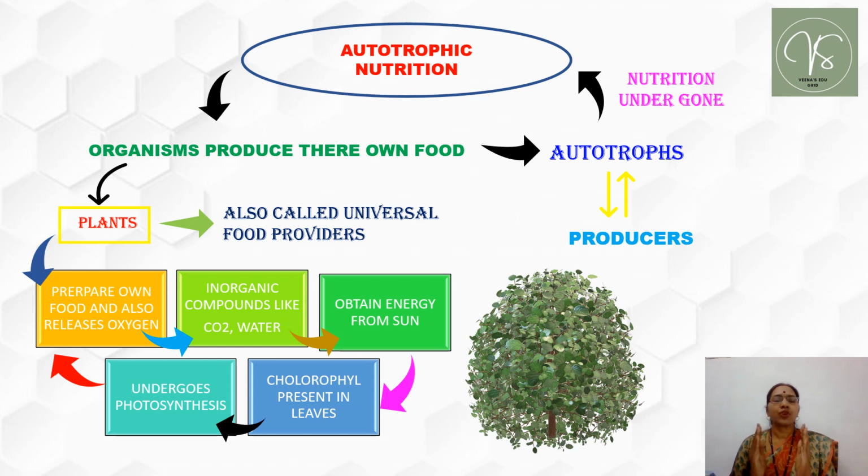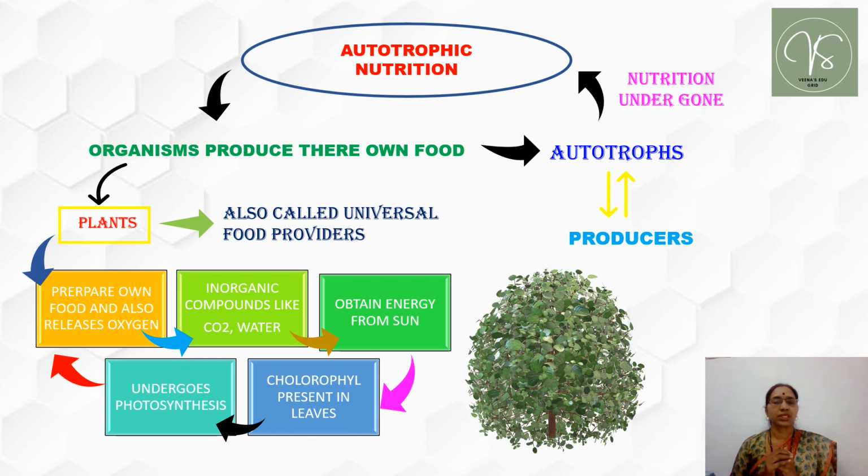Now, there are few organisms on this planet which can produce their own food by using the optimum amount of solar energy, convert it into chemical energy, and then use the inorganic elements like carbon dioxide and water, and with the help of chlorophyll, they undergo a process known as photosynthesis and produce food for not only themselves but also millions of animals and human beings.